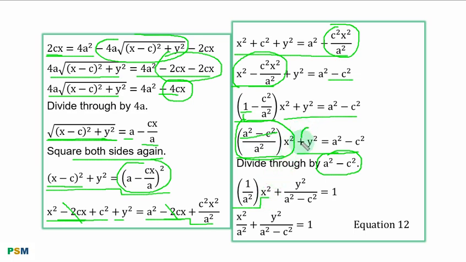Divide this term by a squared minus c squared. You have it in this form. Divide this term by itself. You have 1. If you open this bracket, you have this result. Let's call it equation 12.